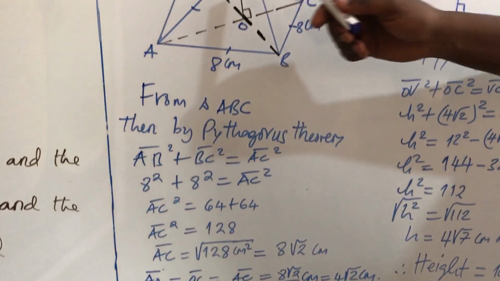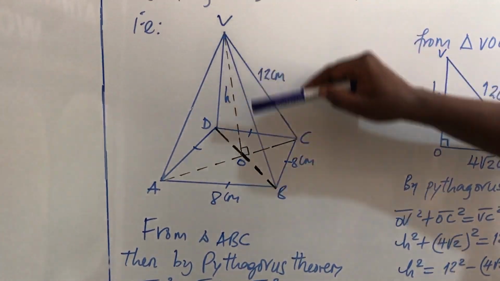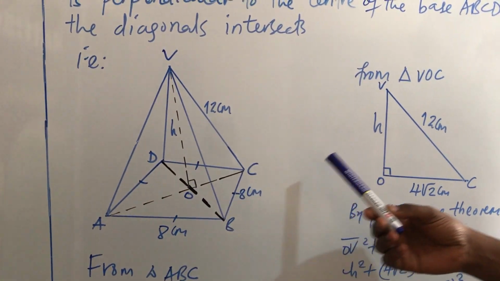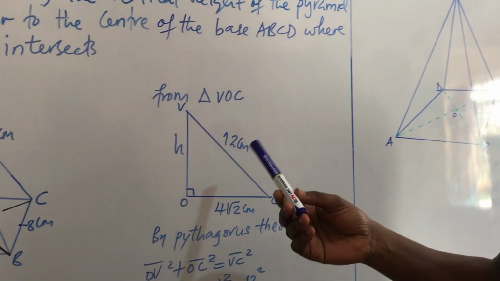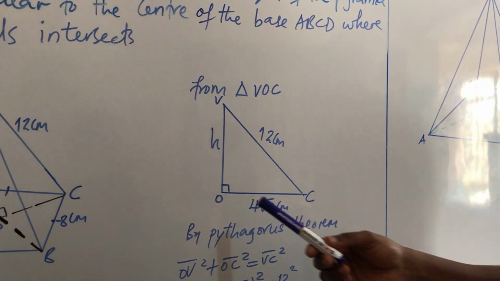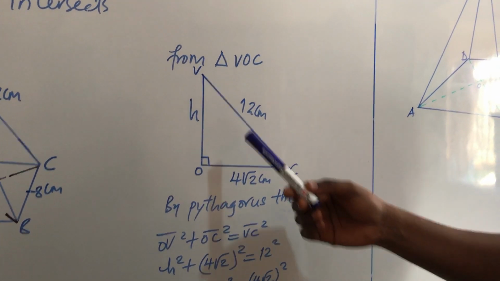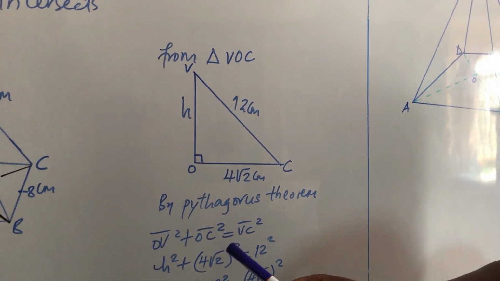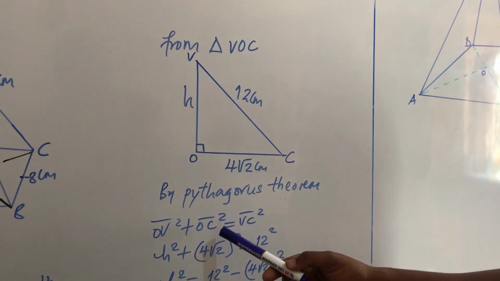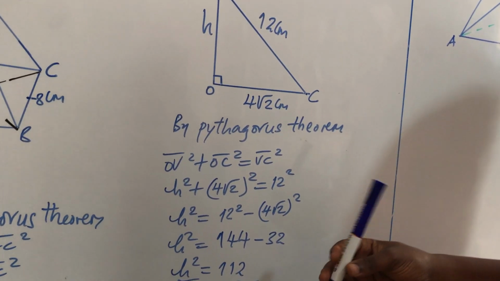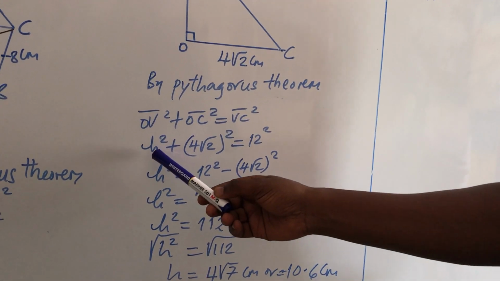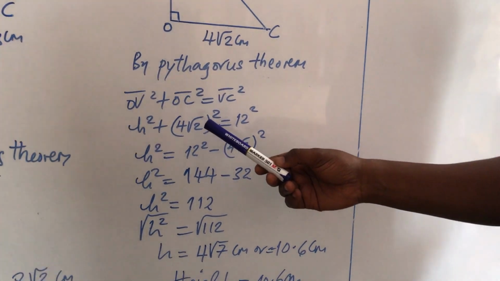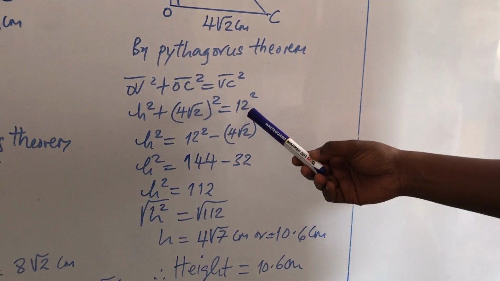Now, because H is found on the line VO, we take the triangle VOC, where VO is H, OC is 4 radical 2 centimeters, and VC is 12 centimeters. By Pythagoras theorem again, because this is a right-angled triangle, OV square plus OC square equals VC square. So we plug in: H square plus 4 radical 2 squared equals 12 square.